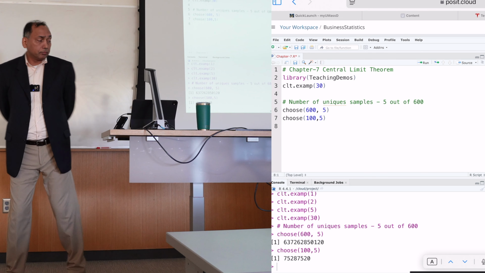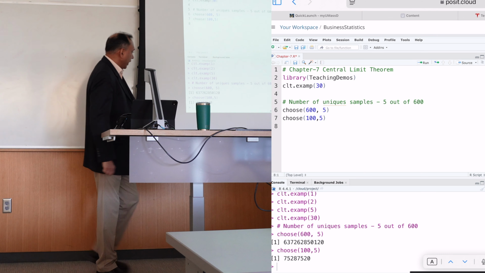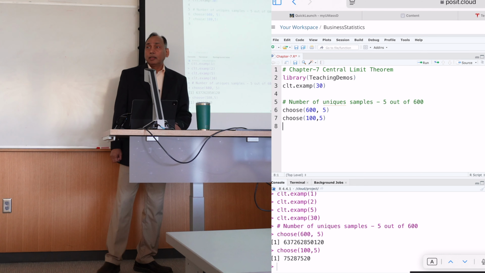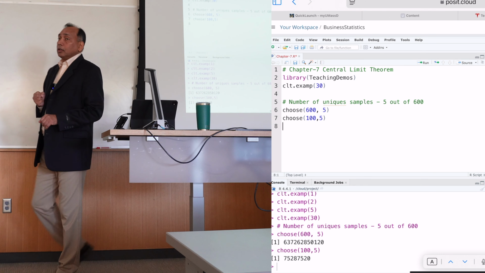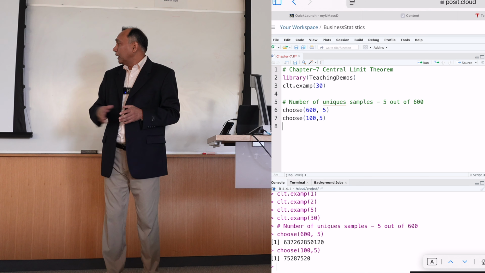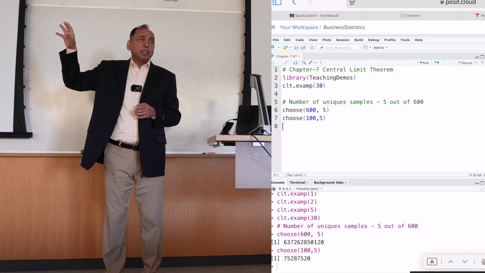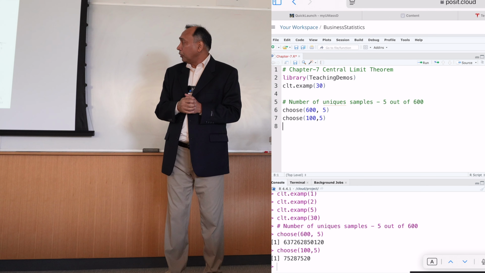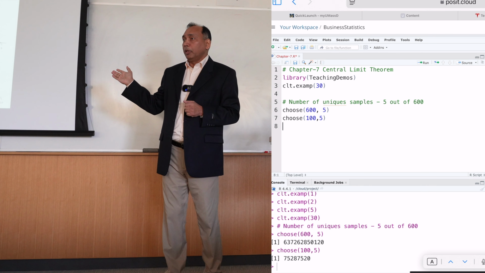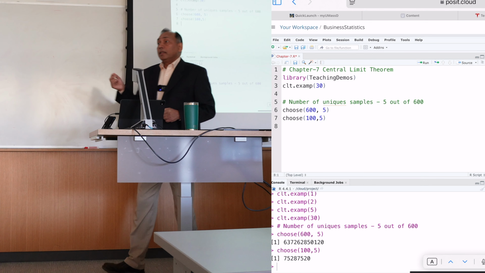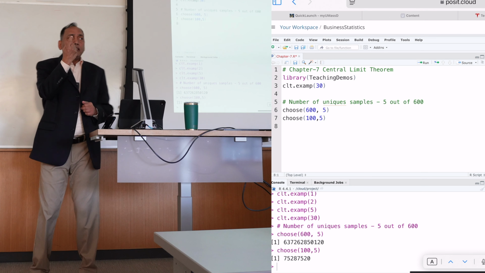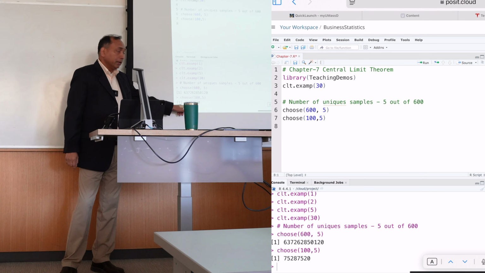So more than 75 million ways I can get 5 out of 100. I don't need a class of 75 million to give them a unique set of questions. With 5 out of 100, you have so many possible combinations. But when you are getting a sample, you are getting just 1 out of that many.